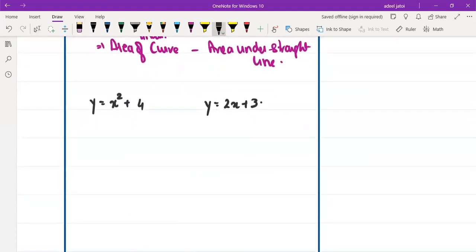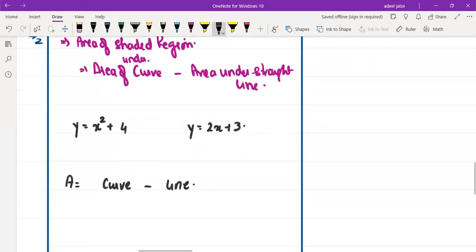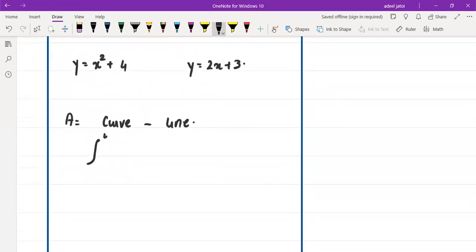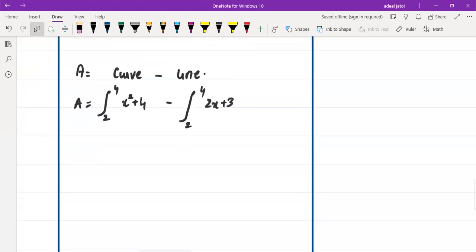So to make it easy, area for the shaded region, you will have curve minus line, with limits 4 and 2. So integral from 2 to 4 of x square plus 4 minus integral from 2 to 4 of 2x plus 3.